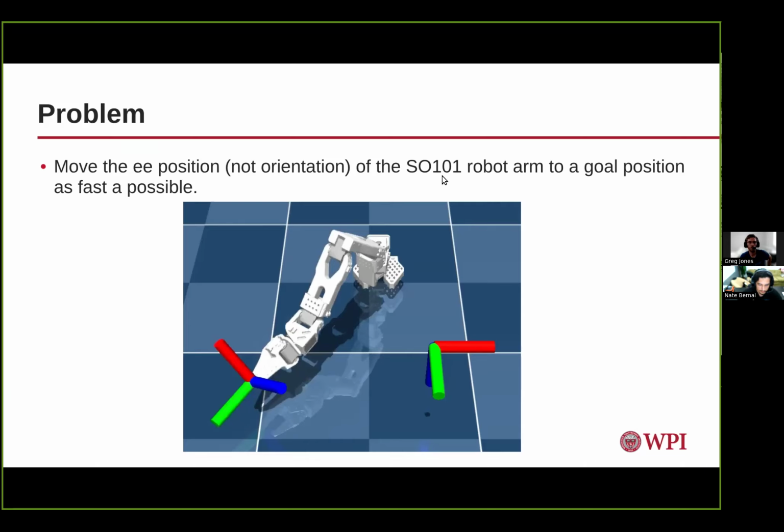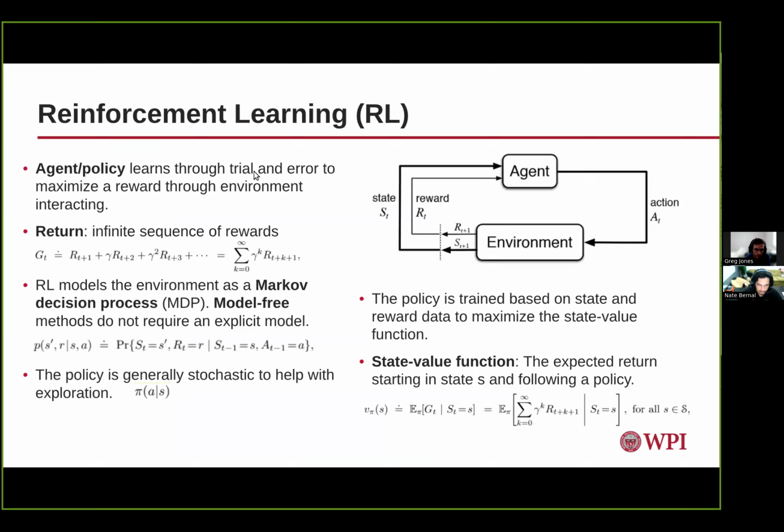Generally, how reinforcement learning works, if you take a look at the diagram at the top right, is there's an agent or policy that interacts with an environment through trial and error in order to maximize the long-term accumulated reward that's returned by the environment.